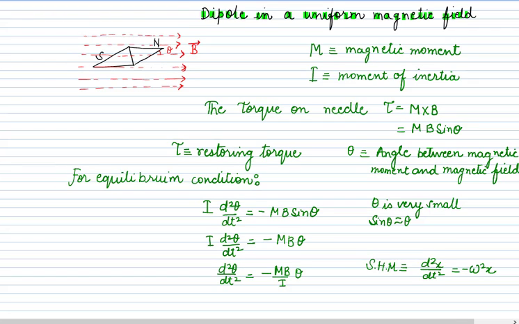So you can compare this equation, placing theta in place of x. So d2 theta upon dt2 is equal to minus omega square theta. If you compare these two equations, then omega square is equal to mb upon I. Or if you take the square root, then omega is equal to under root mb upon I. So now we know the angular frequency, so we can calculate the time period because T is equal to 2 pi upon omega. So all the conditions of simple harmonic motion are satisfied.